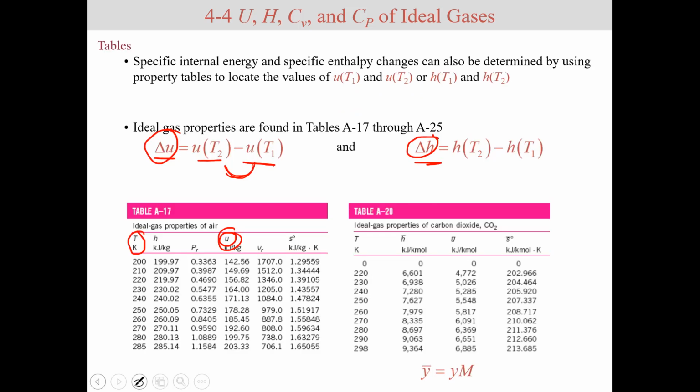The tables that we just looked at give you internal energy and enthalpy as a function of temperature, accounting for the specific heats changing, right? So these basically account for the variation of specific heats, Cv and Cp, with temperature.